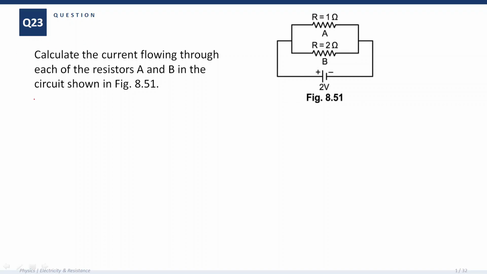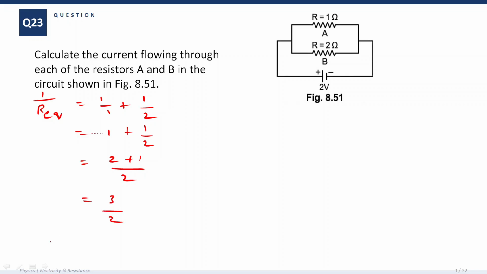And then 1 by R equivalent can be written as 1 by 1 plus 1 by 2, that equal to 2 plus 1 by 2, that equal to 3 by 2.